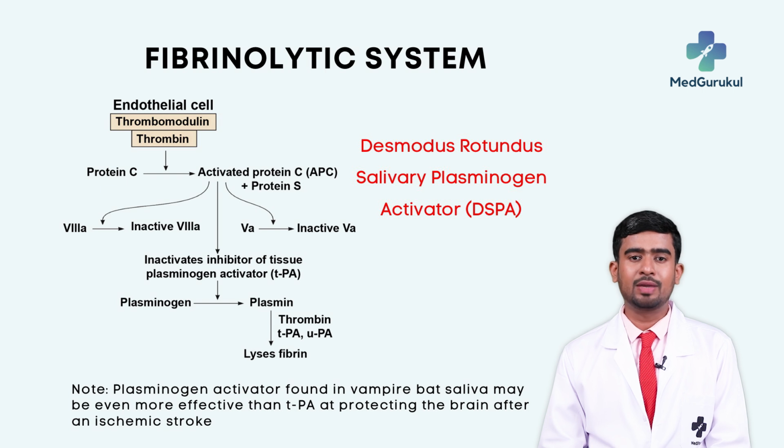And at the end, we studied the fibrinolytic mechanism, which includes protein C, protein S, plasminogen, tissue plasminogen activators and urokinase type plasminogen activators, and how it is preventing the excessive formation of clot and how it is lysing the clot which is formed in unwanted or unnecessary areas.